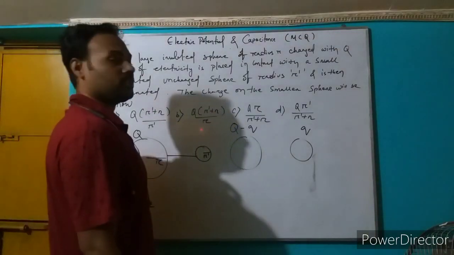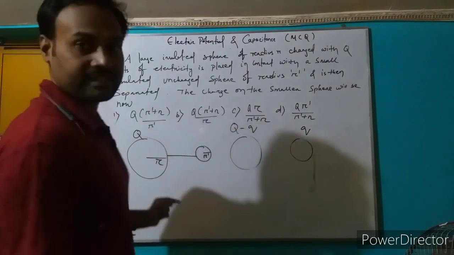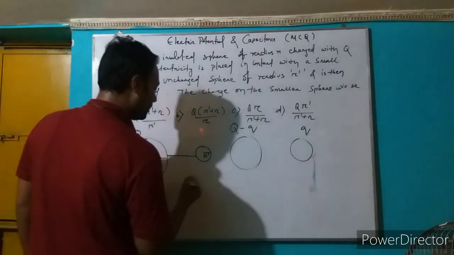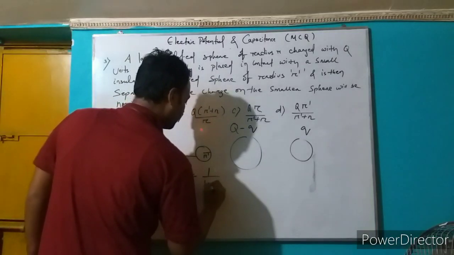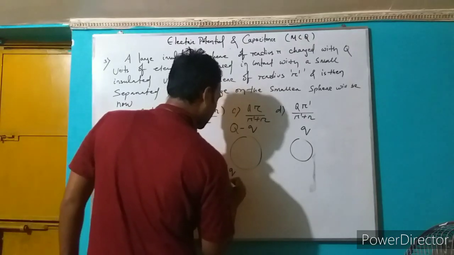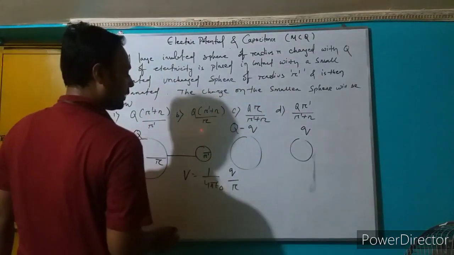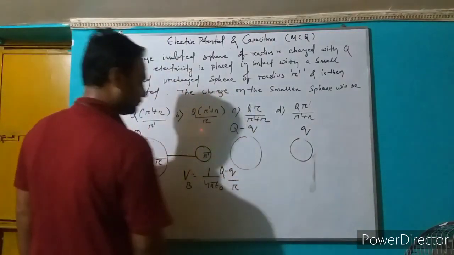Okay. So as we know, the electric potential due to a point charge is V equals 1 by 4 pi epsilon 0 times q by r. For the bigger sphere, it can be represented as Q minus q.